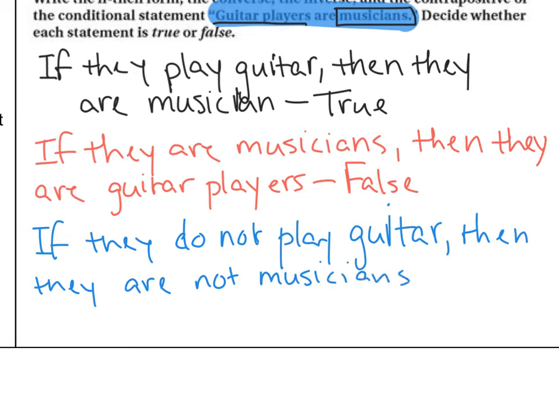So see how we just added some form of no in there for that. So is this true or false? Well, if they don't play guitar, then they probably aren't a musician. So we would say this is inherently false.